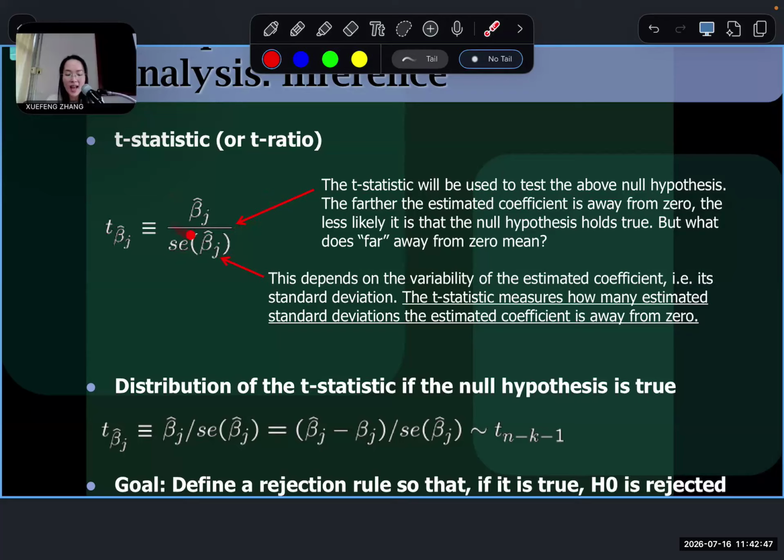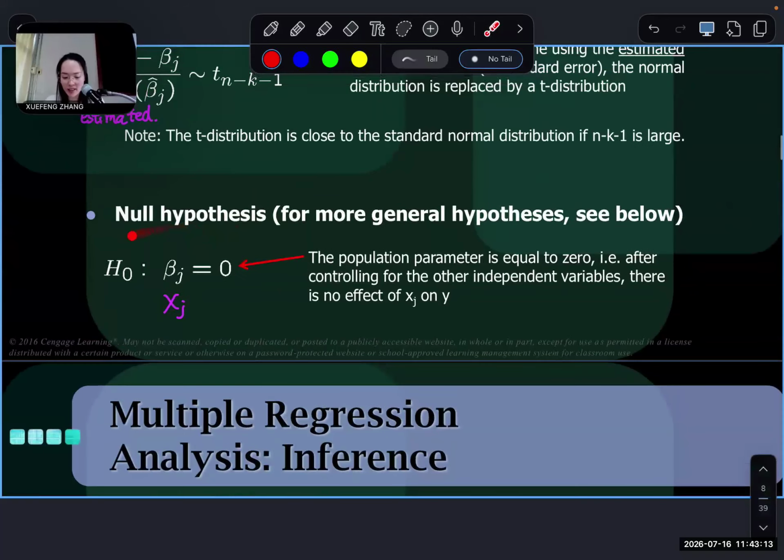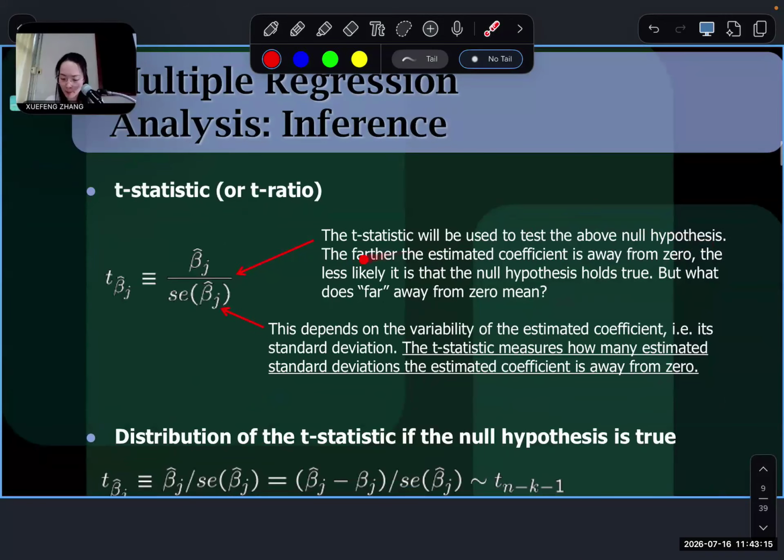Just the estimated coefficient over its standard error, okay? So the t-statistic will be used to test the above null hypothesis, which is here. This is our null hypothesis.